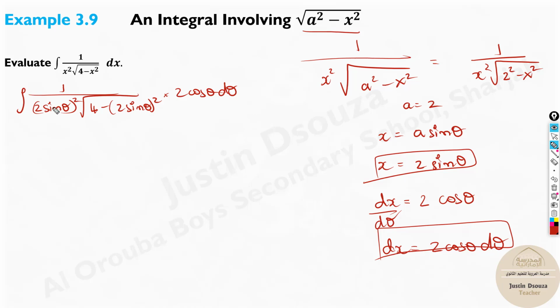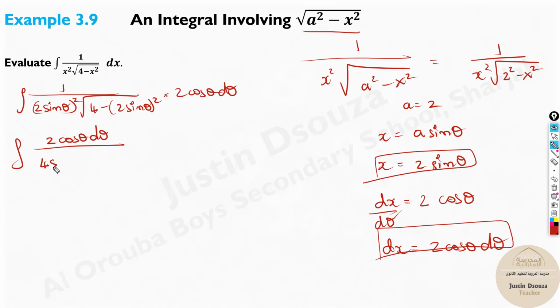First of all, let's simplify how much we can. Multiply this power inside. Instead of writing the 1 outside this fraction, I'll write 2 cos theta d theta in the numerator, divided by 2 multiplied by sine theta, where the square is for both the terms.